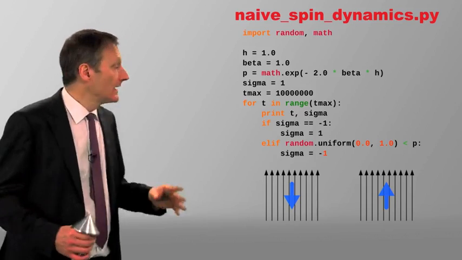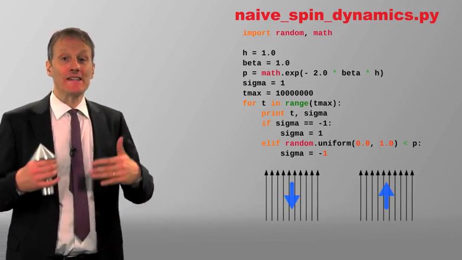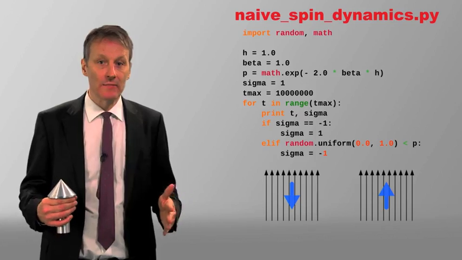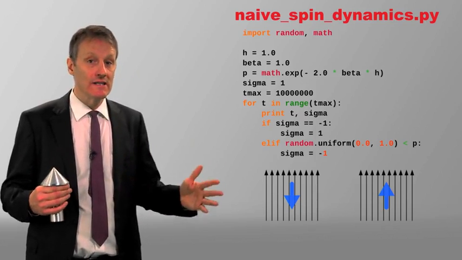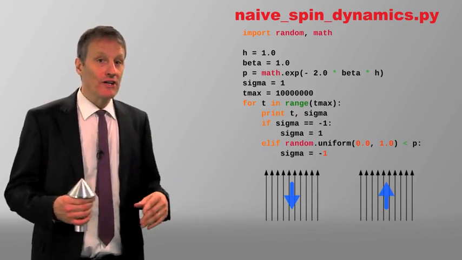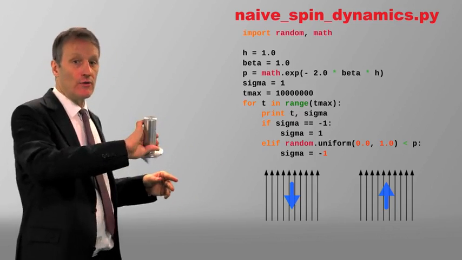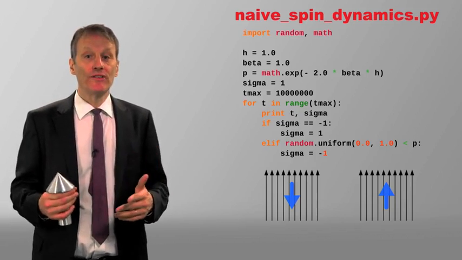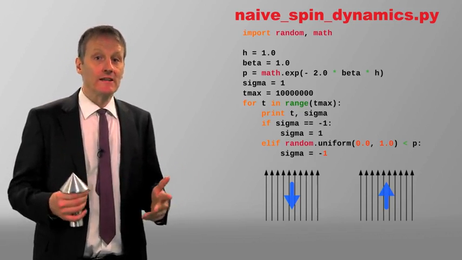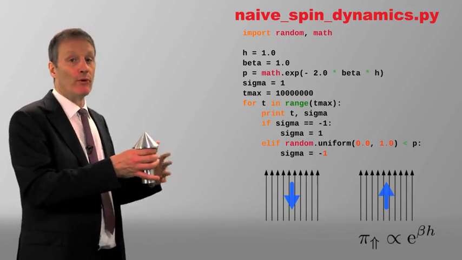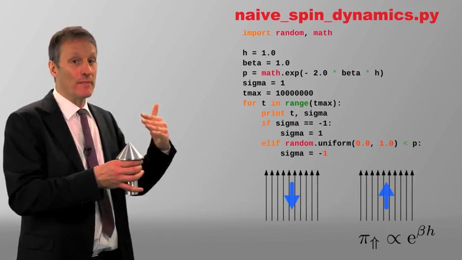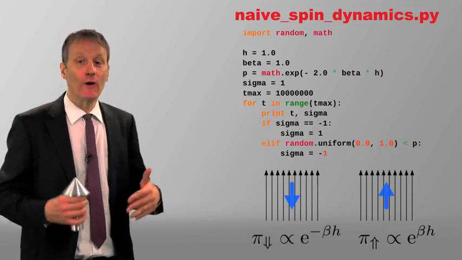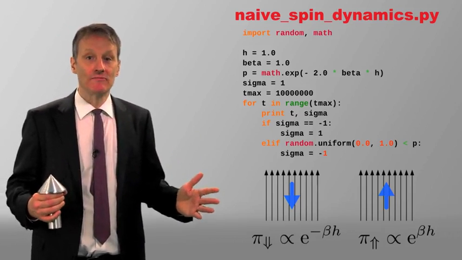In any case, this algorithm satisfies detailed balance, and in the long run, it means at long times, the two configurations up and down will be visited with their corresponding statistical weights, pi up proportional to exponential of beta h and pi down proportional to exponential of minus beta h.